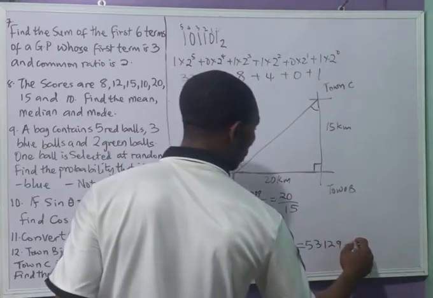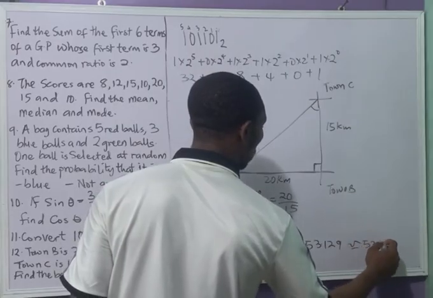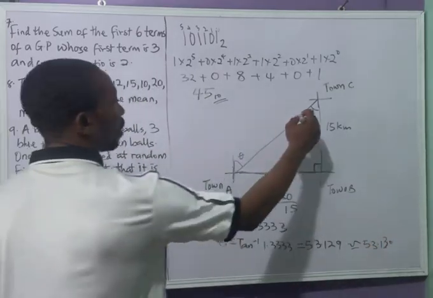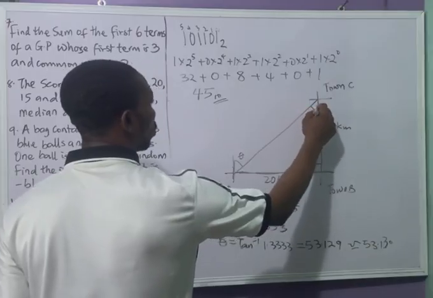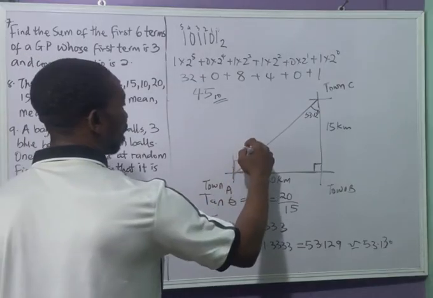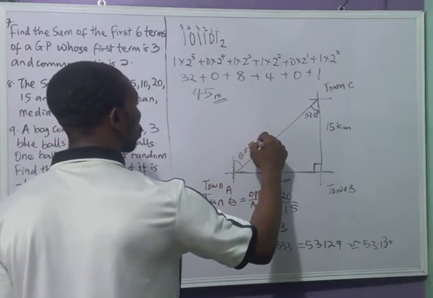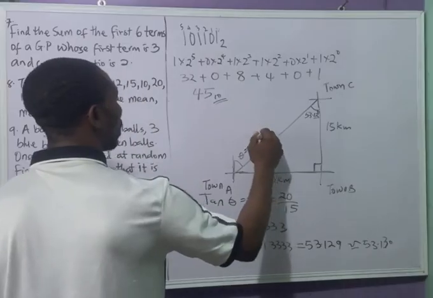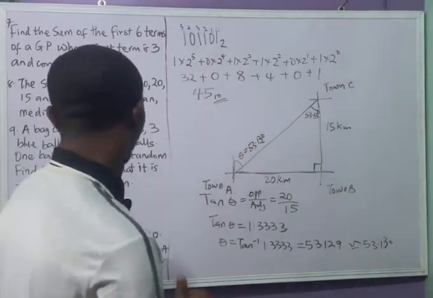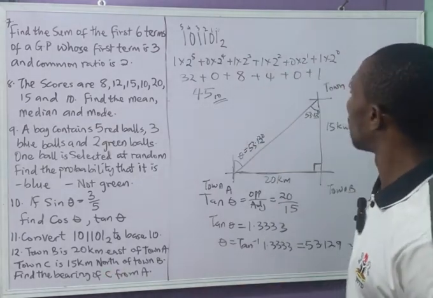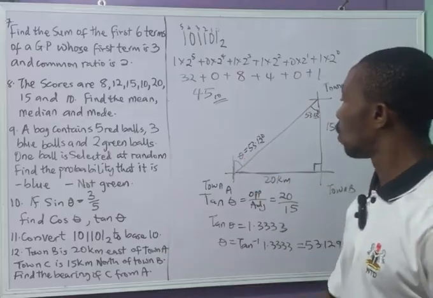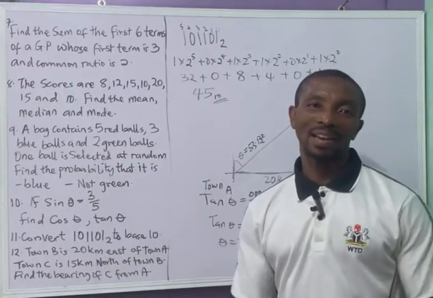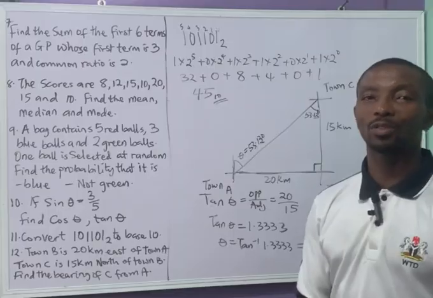So that is approximately 53.13 degrees. So if this is 53.13 degrees, alternate angles at theta here will be 53.13 degrees. So the bearing of C from A will be 53.13 degrees.